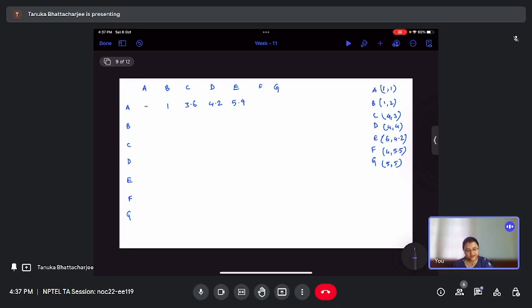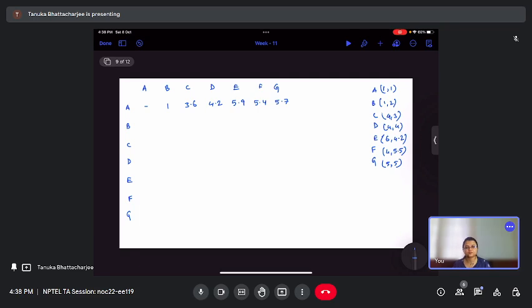Then between A and F, it will be 5.4. Then A and G will be 5.6.